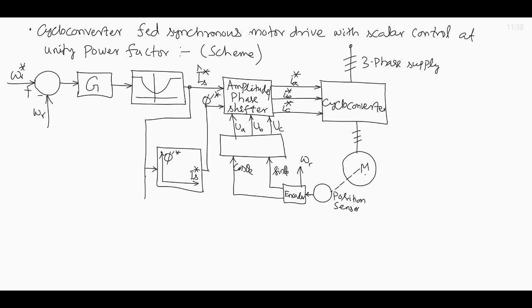Also, this another block generates the field current command I f star from the stator current command I s star hat.